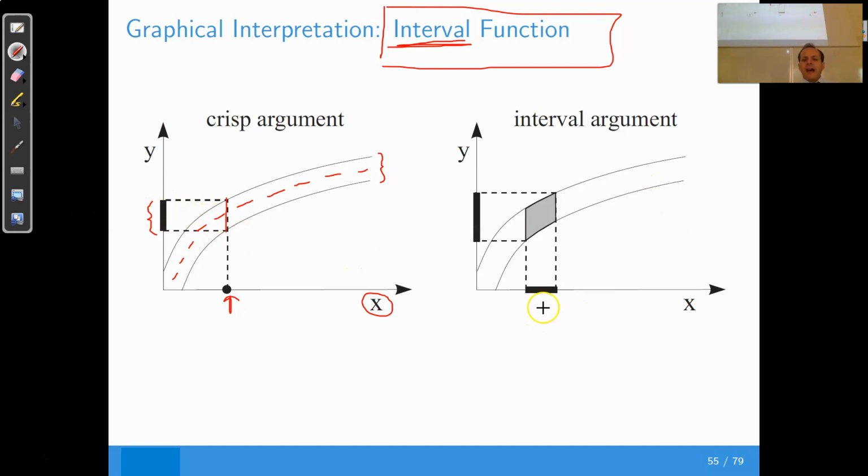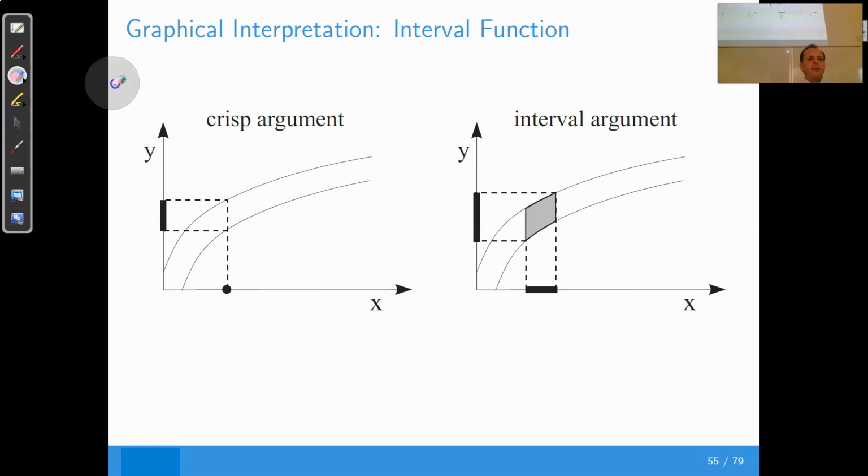If we have an interval argument, so we have an input which corresponds to a range, varying between two values, also the output of the function is an interval. So this is the second case of interval function.